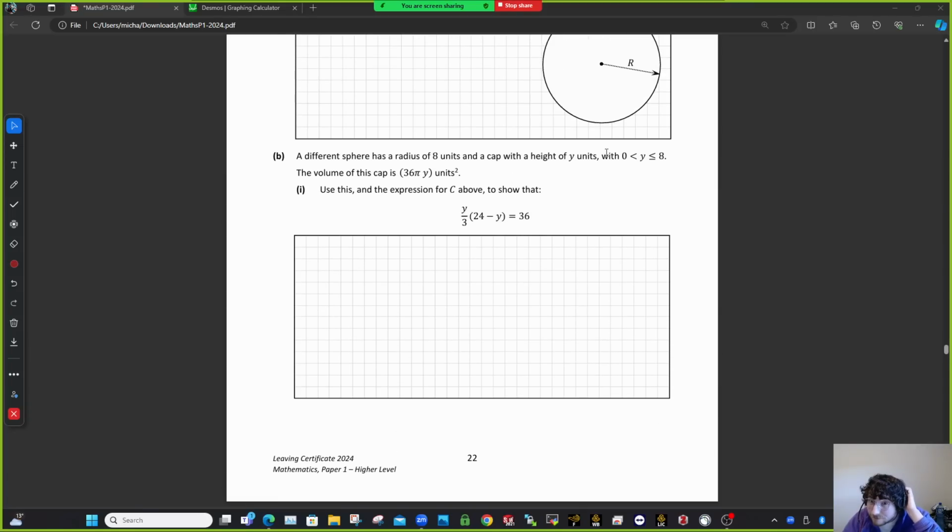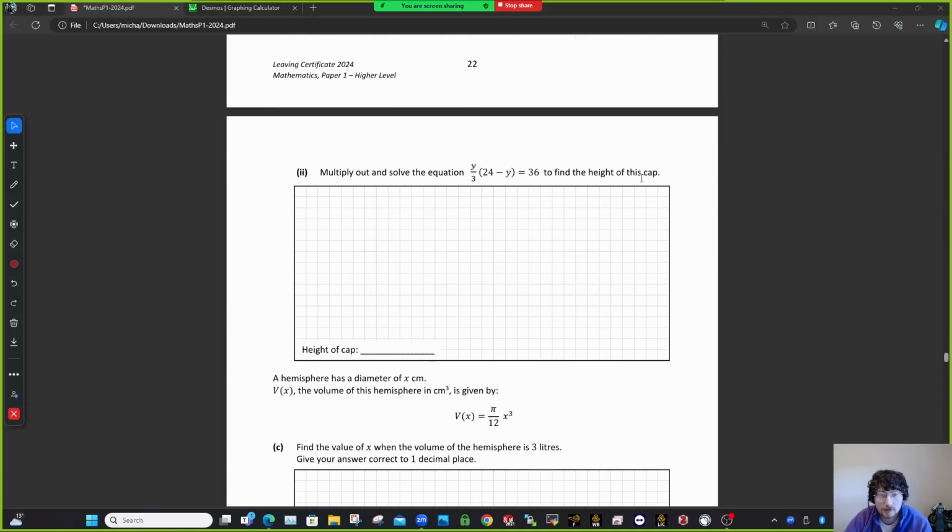Just be aware, y is less than 8, so that will come into it in a sec. Multiplying this out, I'll multiply both sides by 3, so I get 24y minus y squared equals 108. Bring it all to one side: y squared minus 24y plus 108 equals 0.